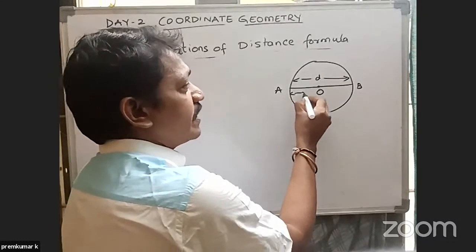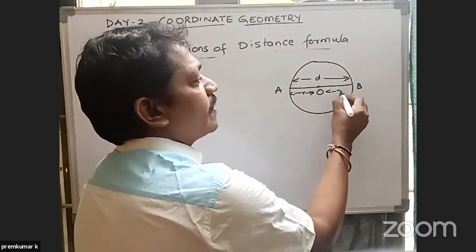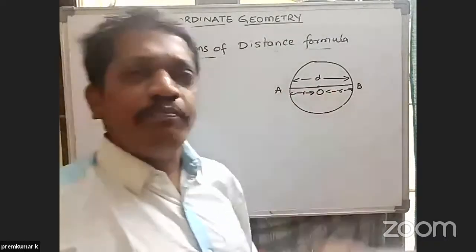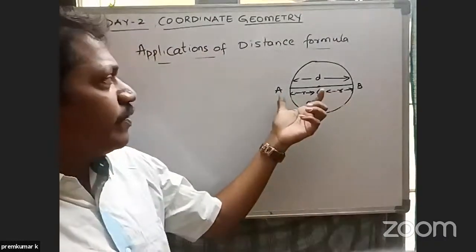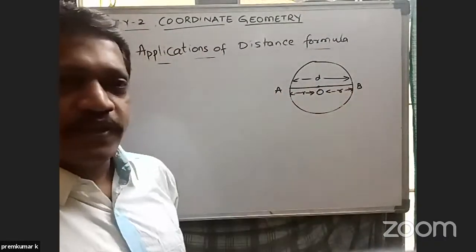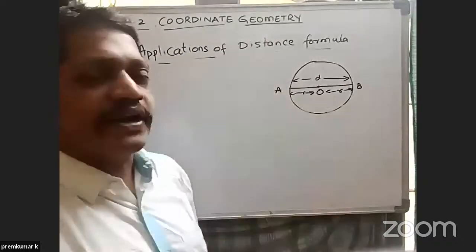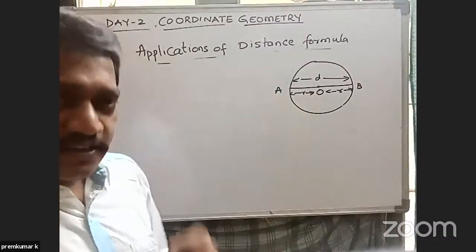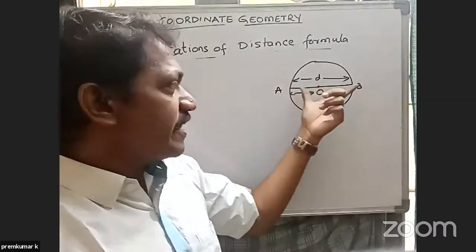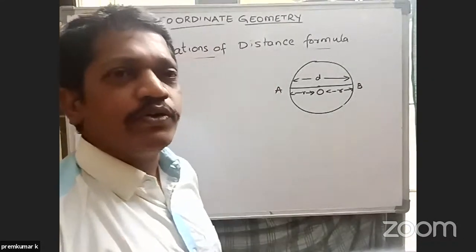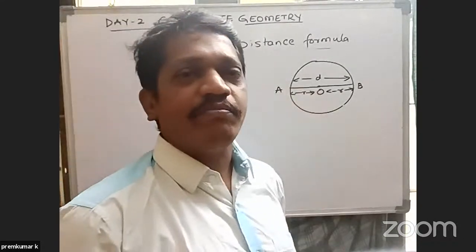The length from here to here is the radius. If the endpoints of the diameter are given, we can find the distance directly. If the midpoint and a point on the circle are given, you can directly find the radius. If the endpoints are given and he asks for the radius, then you have to halve the diameter.